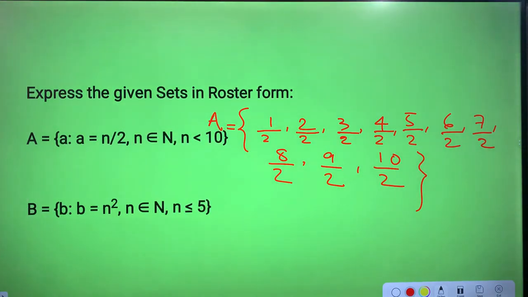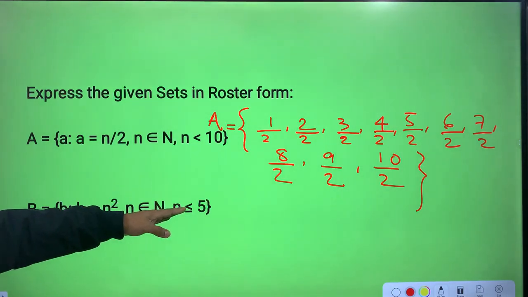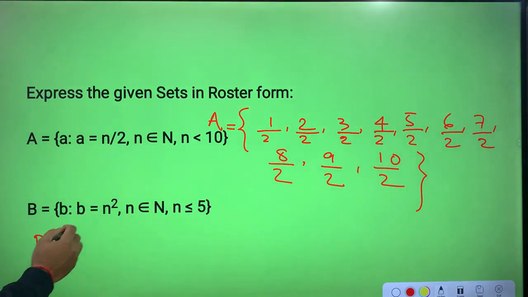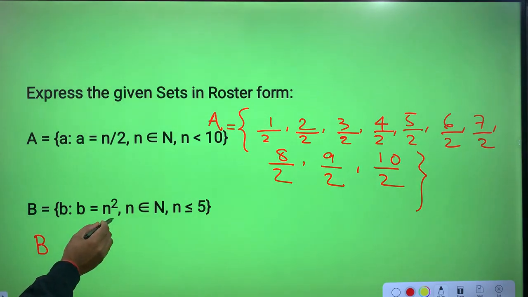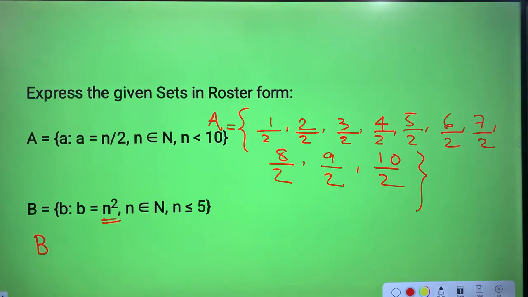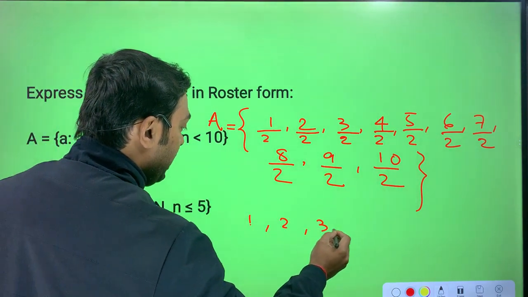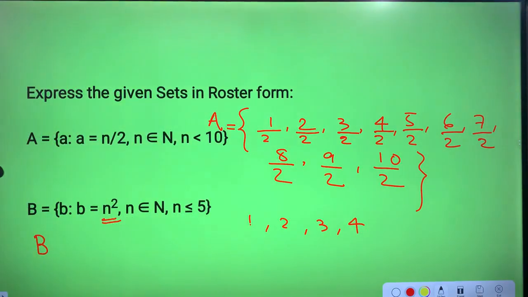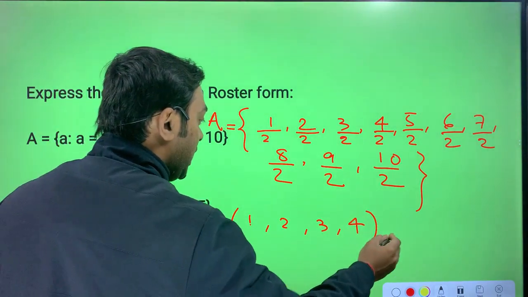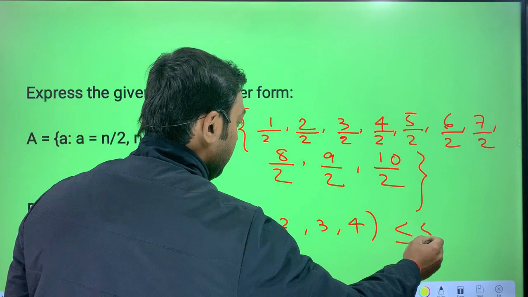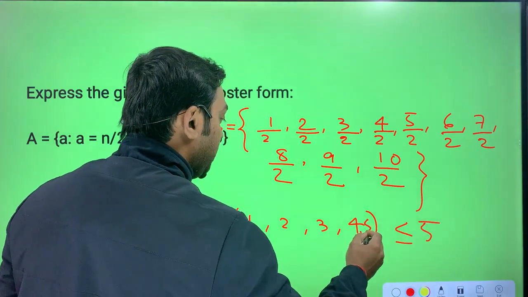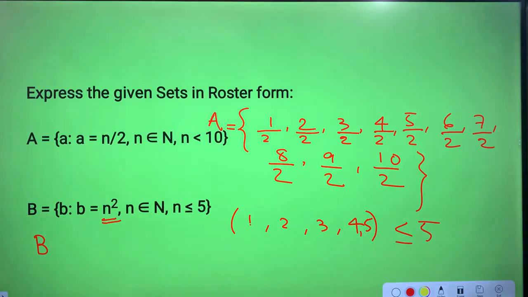Now next B. B, how will you represent? n is less than or equal to 5, and this is what? Square. You have to square it. So first you write 1, 2, 3 and 4. These are the numbers which are less than 5 and also you have to take 5. So there are 5 numbers.